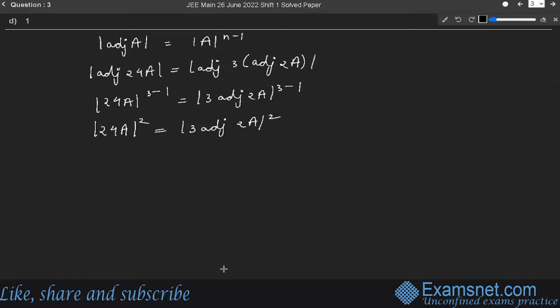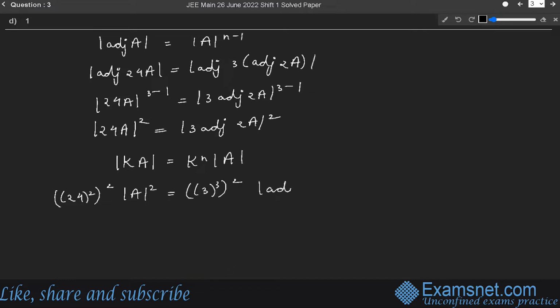We also know that there is a basic concept which is mod of k into A is equal to k power n into mod of A. So applying this, it will be 24 square whole square into mod of A whole square equals 3 cube whole square into adjoint of 2A whole square. So this will be 24 power 6 into mod of A square is equal to 3 power 6 into mod of 2A power 3 minus 1 whole square.